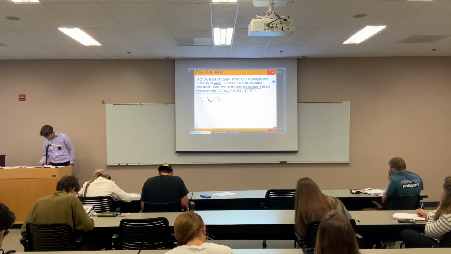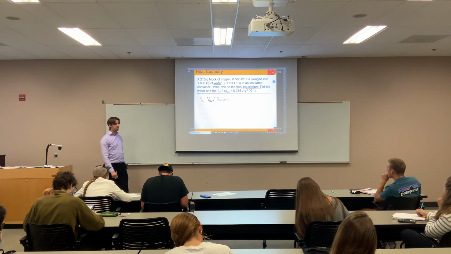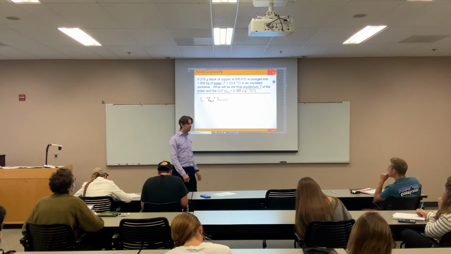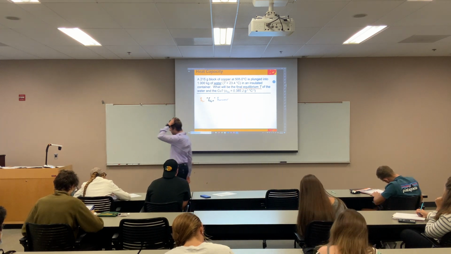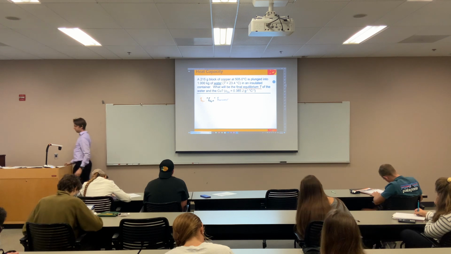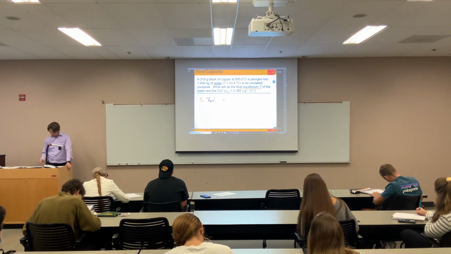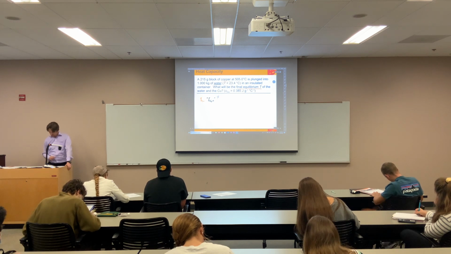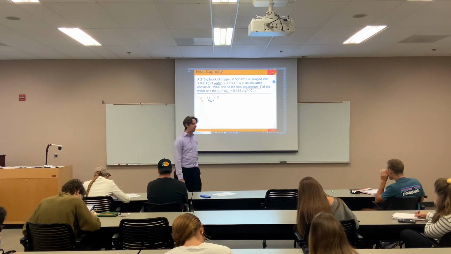Q of the universe. What's the Q of the universe always going to be equal to? 0. Got it? So Q of the universe is equal to 0. So Q of the copper plus Q of the water has to be equal to 0.